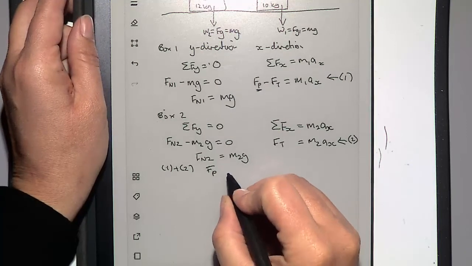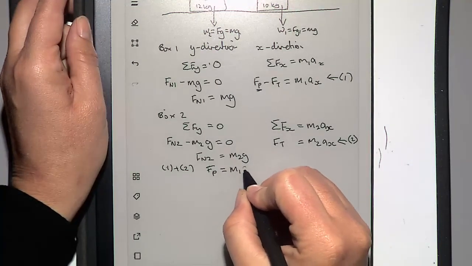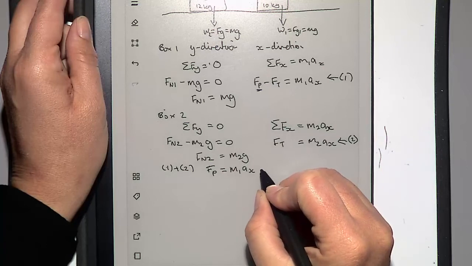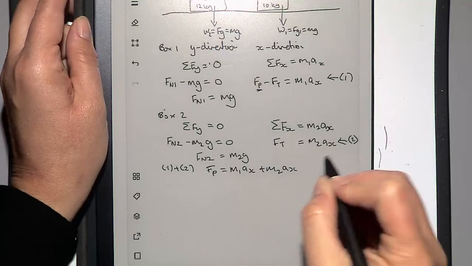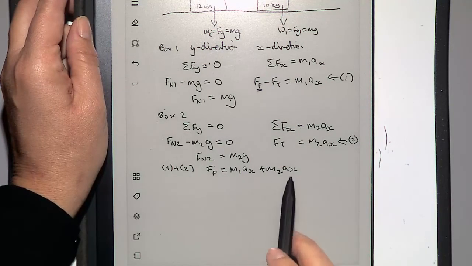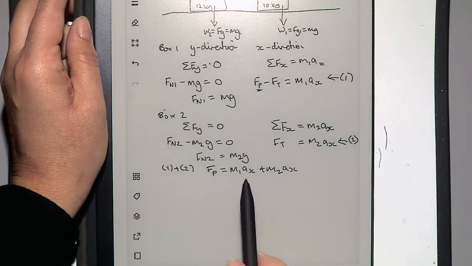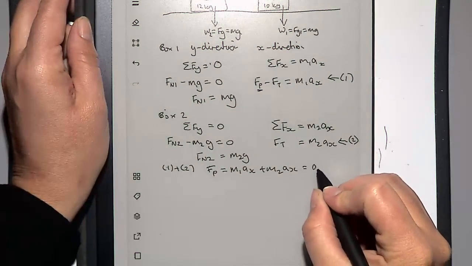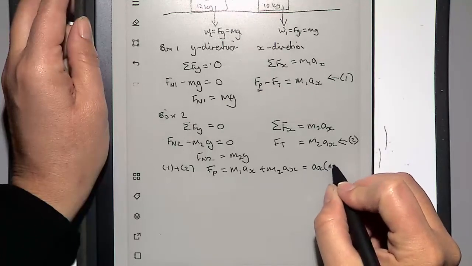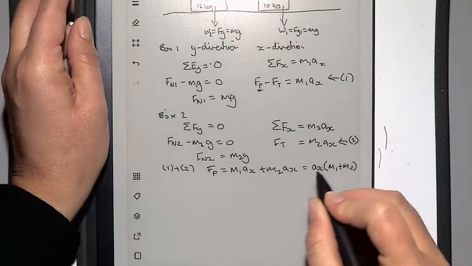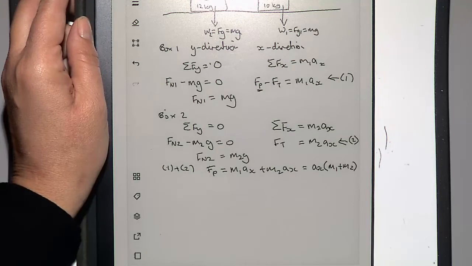Once you rearrange that, we get M1 AX plus M2 AX. And what you'll notice is that we can isolate the acceleration out of that, so it would be AX times M1 plus M2. Now we have an isolated acceleration term that we can rearrange.